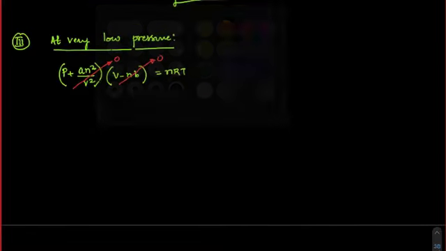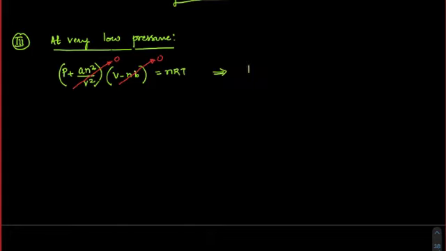So both are ignorable. So we can say it would be PV is equal to nRT, which means the real gas behaves like an ideal gas.